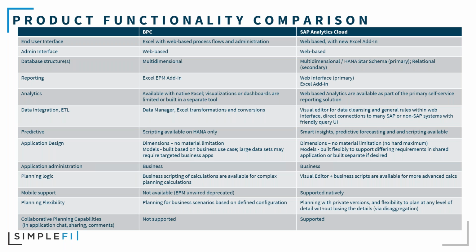It gives me a friendly UI to define what I want for my query and my transformations. I like that aspect, although certainly the Excel and BPC conversions are pretty user friendly as well.